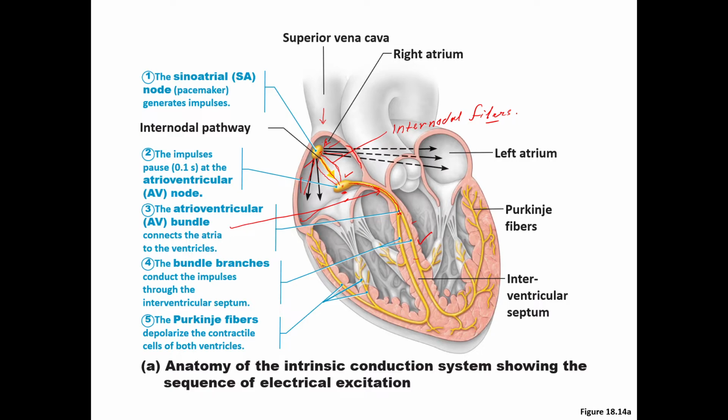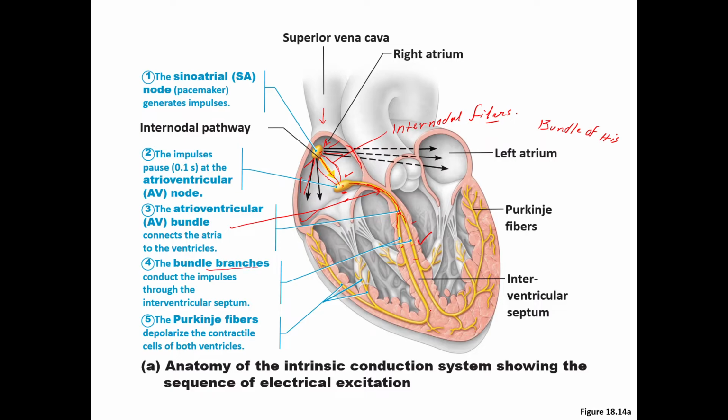So the AV bundle, which is also called bundle of His, or AV bundle, located in the upper part of the interventricular septum. Then what happens? It divides into two branches. So these are called the bundle branches, right and left bundle branches.